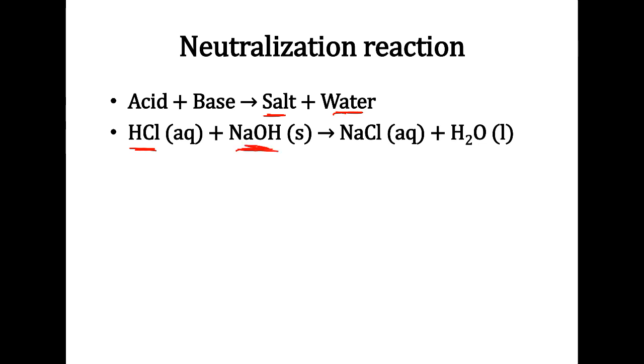HCl is going to donate its proton, whereas sodium hydroxide is going to accept that proton. So we end up with H2O, and we also have our salt, sodium chloride, right here. So this is an example of a neutralization reaction.